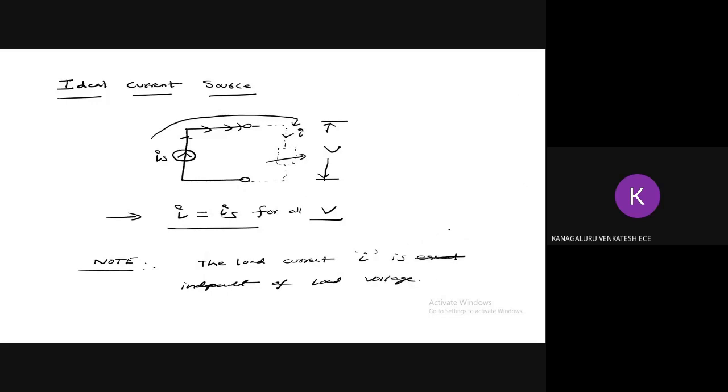The same thing with respect to a graph, how can we represent it? Whatever your load voltage may be, I'm taking the voltage on the x-axis. The load current I is always equal to IS. So I can say that it is a constant straight line. So I is going to be IS.